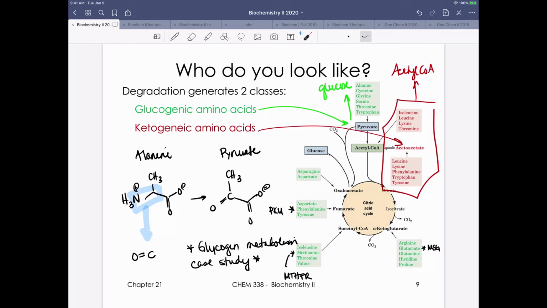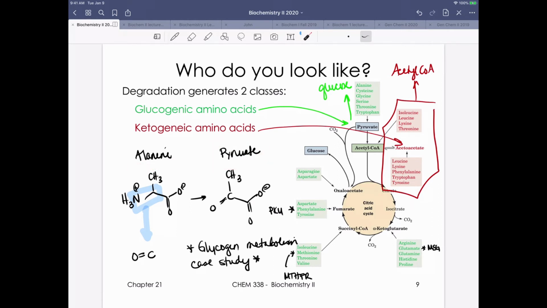You don't need to know which amino acids are glucogenic, which ones are ketogenic. Again, there are a few that we're going to talk about in some detail, but obviously the ones that I want you to know now are alpha ketoglutarate, which is related to glutamic acid, oxaloacetate, which is related to aspartic acid, and then pyruvate, which is related to alanine here.